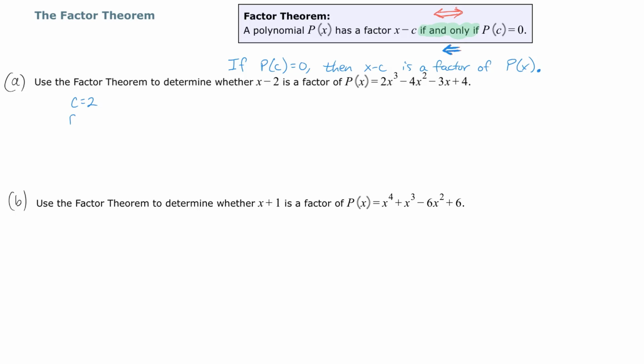So p of 2 is an expression, and wherever you see an x, you just gotta put parentheses 2 and then close it with parentheses. Make sure you do the order of operations, do exponents first.